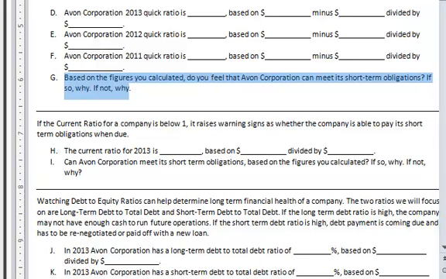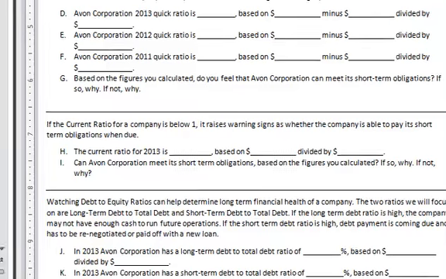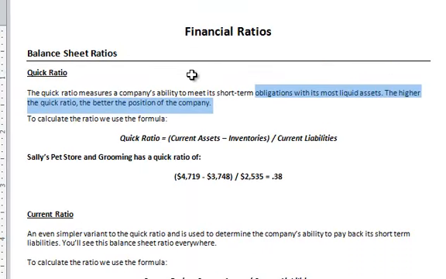If so, why? And if not, why? So, are its numbers, the trend for its numbers, high enough that you feel the company should be able to meet its short-term obligations? And why? If you have any questions, let me know.